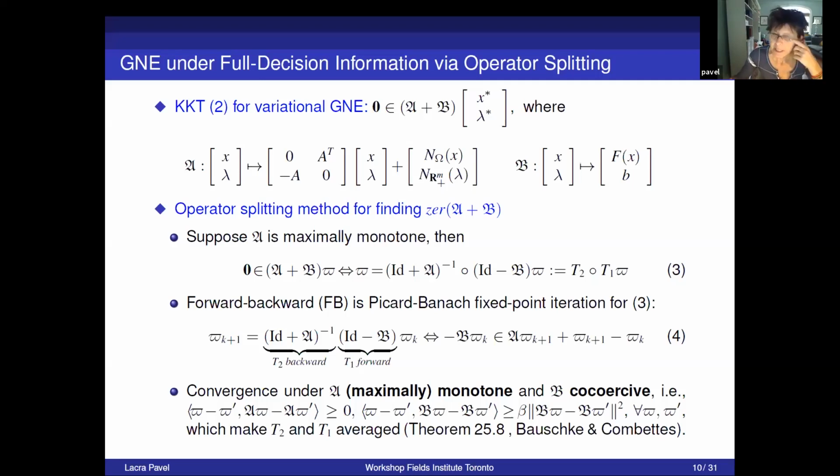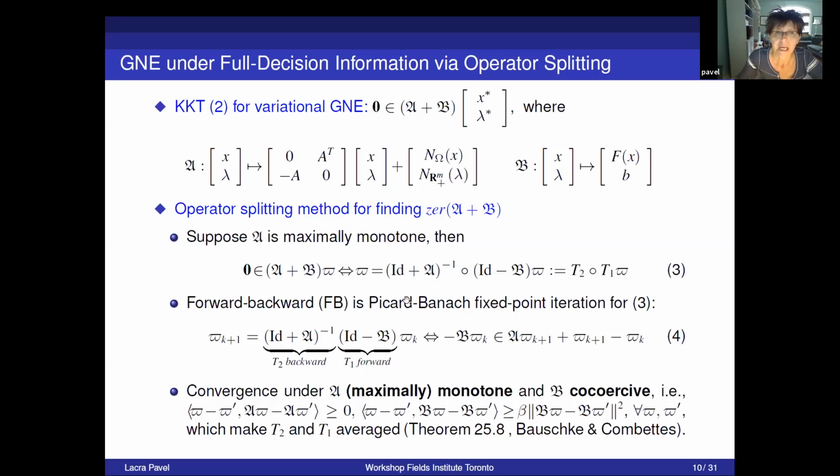And now one can use different operator splitting methods to find zeros of a sum of operators, and essentially the conditions are that these operators are monotone, and this is what we're going to assume. And one of the most common methods is the forward-backward method that essentially allows one to express the necessary condition for finding a zero, as in equation number 3.